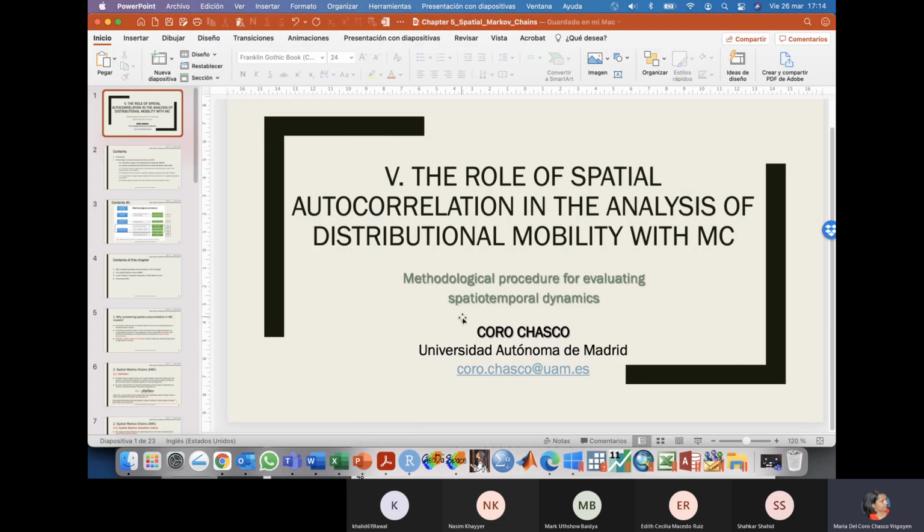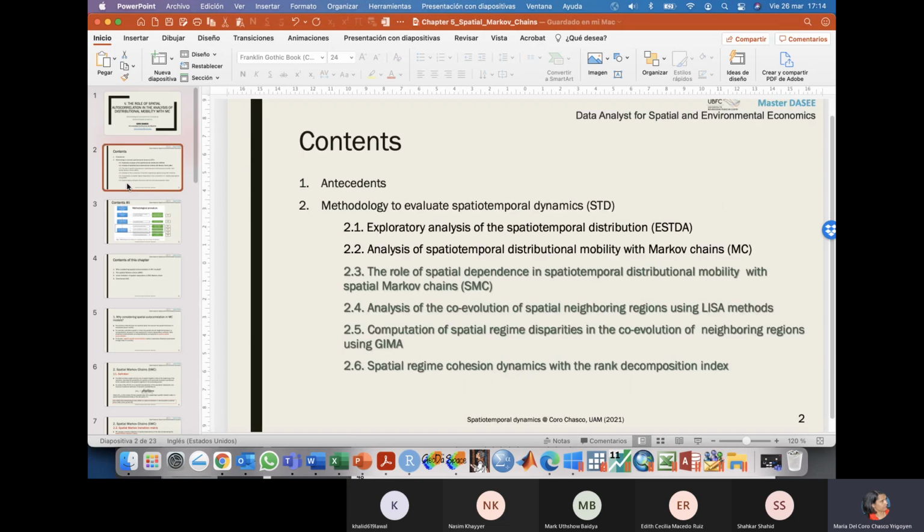And we are now in chapter 5, the role of spatial autocorrelation in the analysis of distributional mobility with Markov chains. So we are now in this last part, not all the items, but these 3 and 4 ones, the role of spatial dependence and the coevolution of spatial neighboring regions.